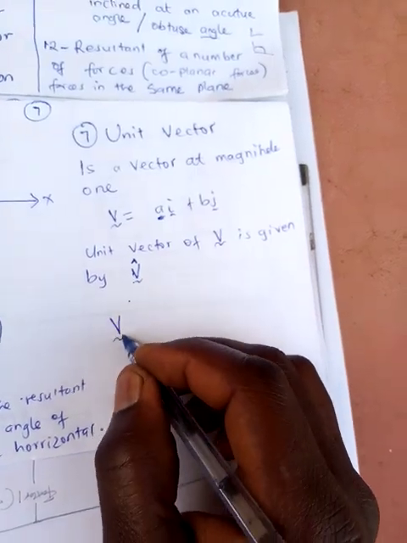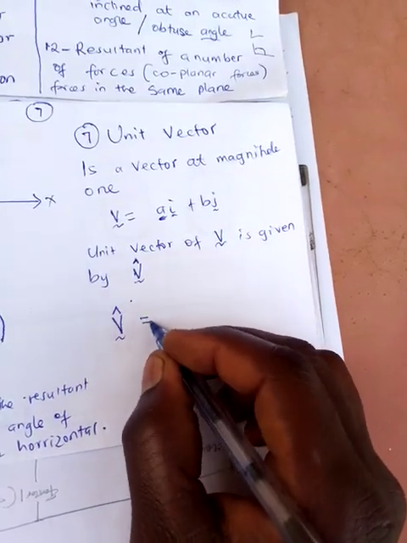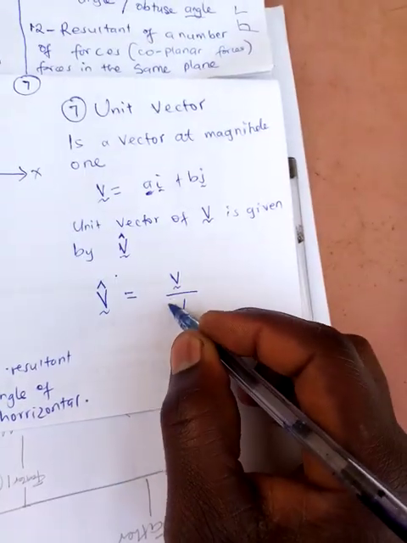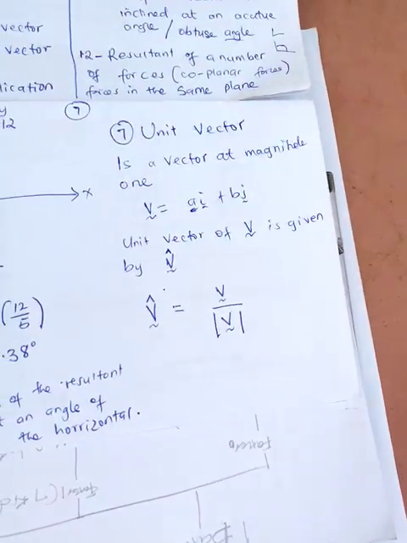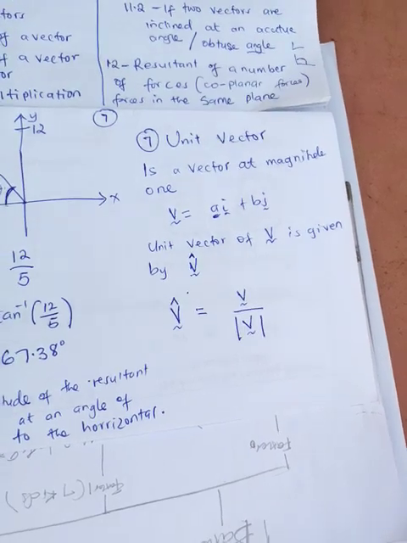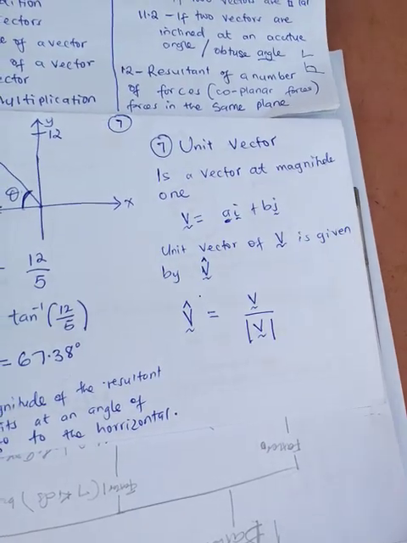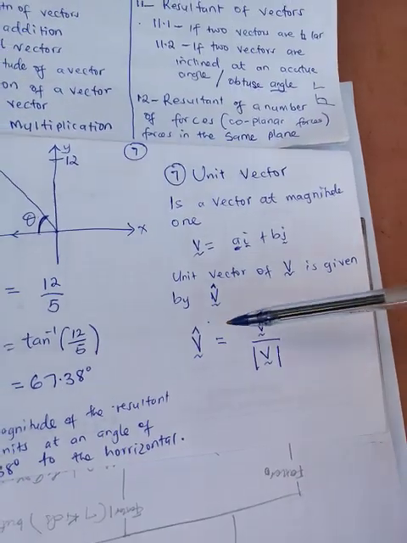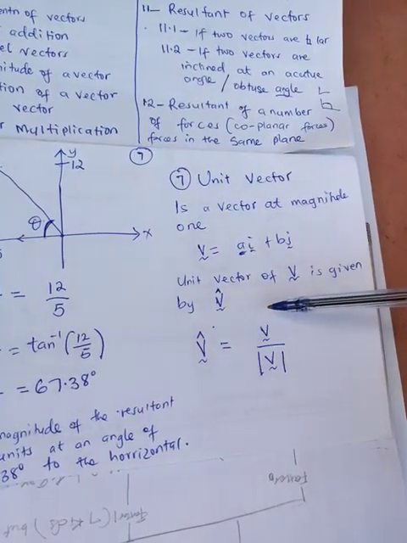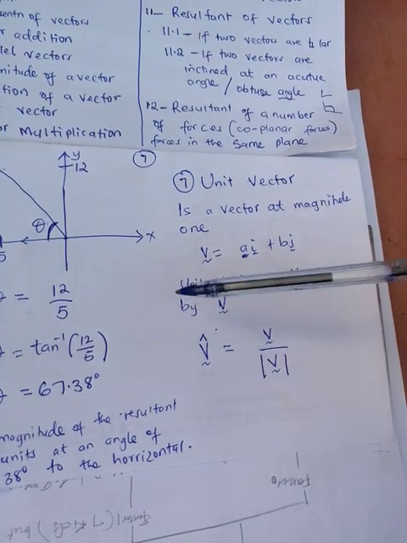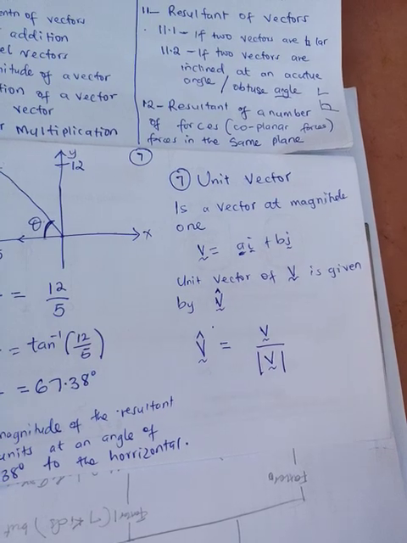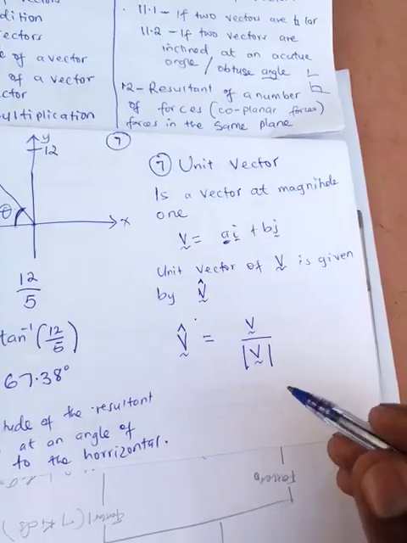So unity vector of V will be just that vector divided by its magnitude. As simple as that. When you get its magnitude, it will give you 1.